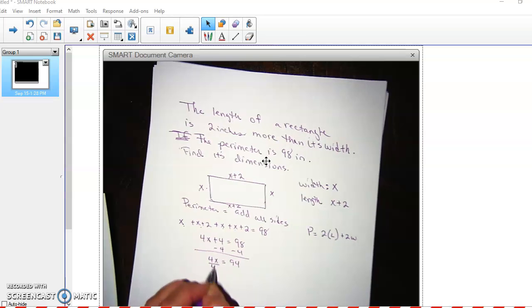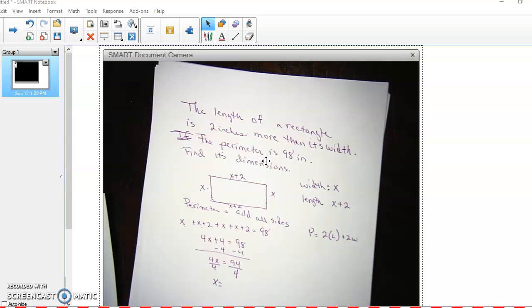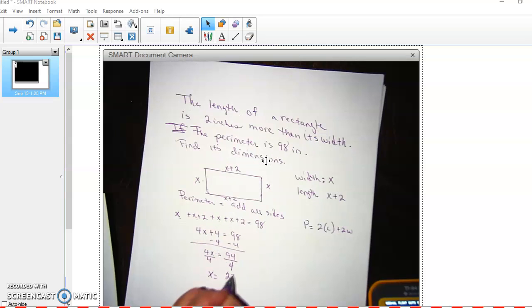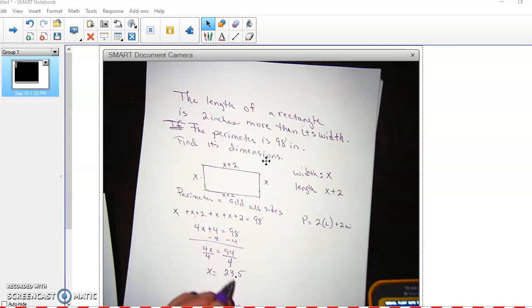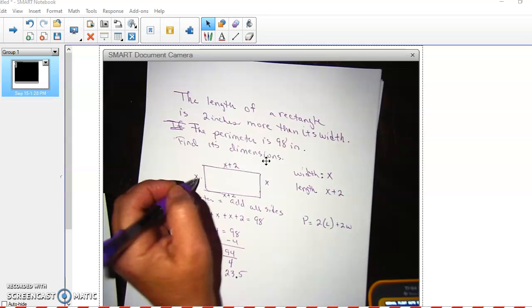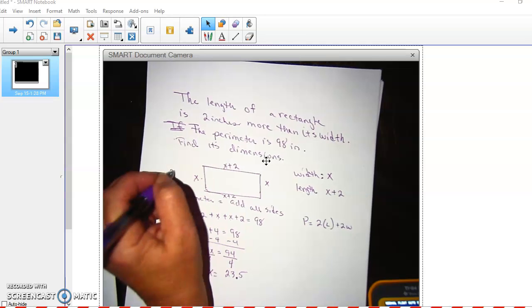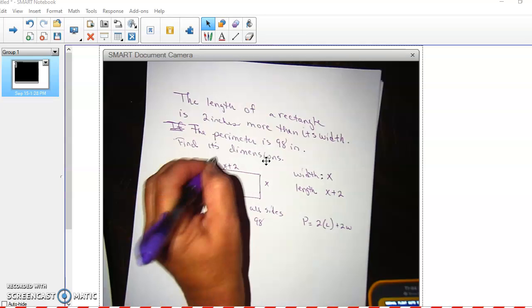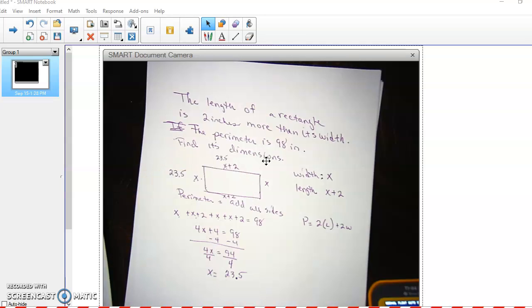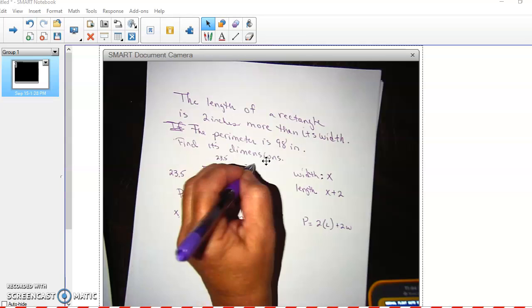Let's divide by 4. 23.5. I'm going to leave it as a decimal too. Okay, so 23.5 is x. So this side is 23.5. This is 23.5 plus 2, and that equals 25.5.